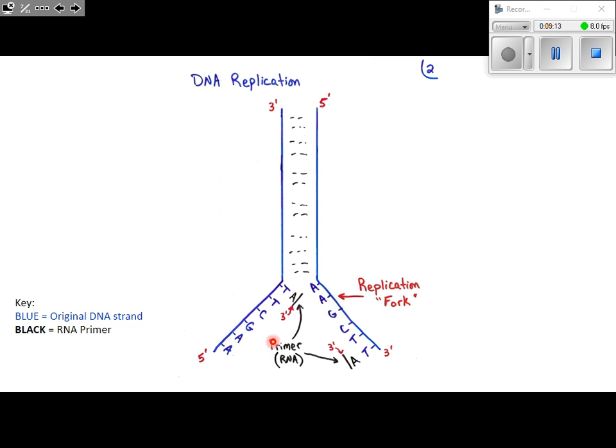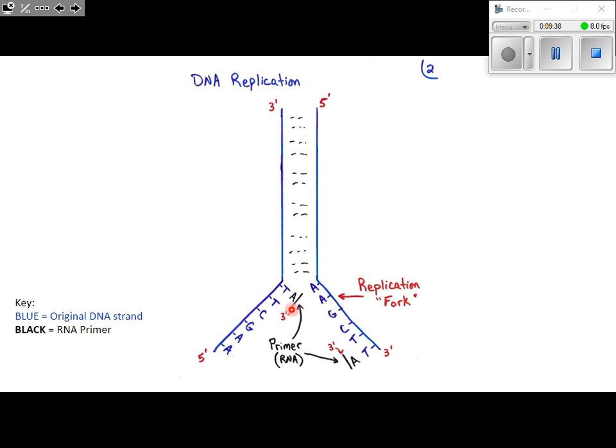But if we're going to build a new strand of DNA here and a new strand of DNA here, we can't just build DNA. We have to have something to latch onto. The enzyme DNA polymerase needs a foundation from which to build. And that enzyme only recognizes a 3' end.